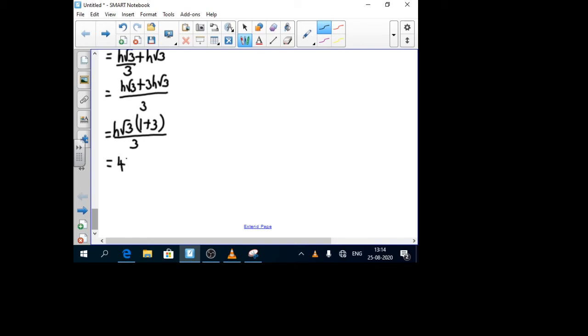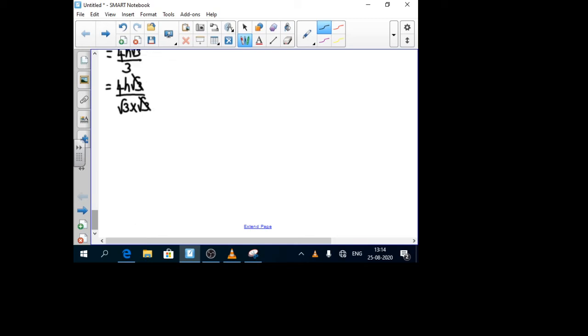So 4H root 3 by 3. This 3 can be written as root 3 into root 3, so one root 3 gets cancelled. The answer is 4H by root 3. This is what we have to prove.